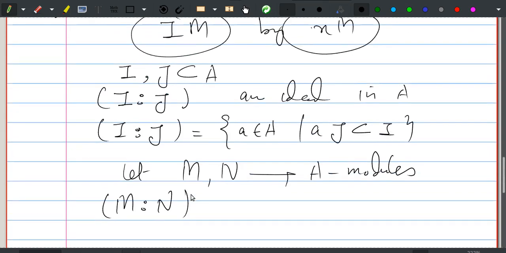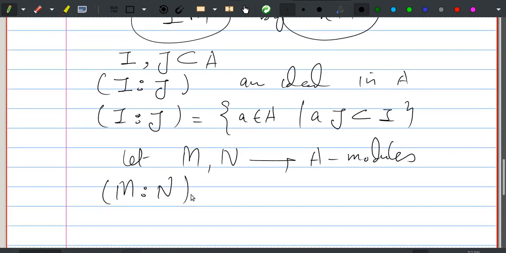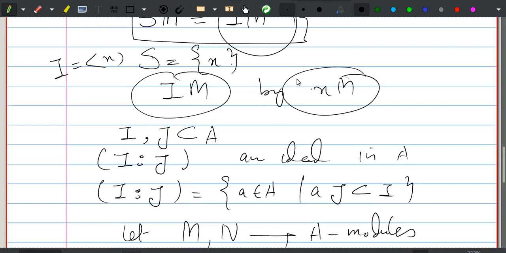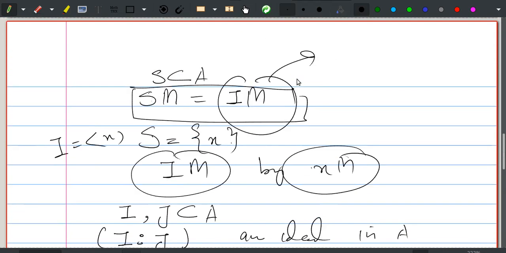The answer to this question comes from this definition over here. So if S is the singleton set, then the submodule SM is the same as xM.